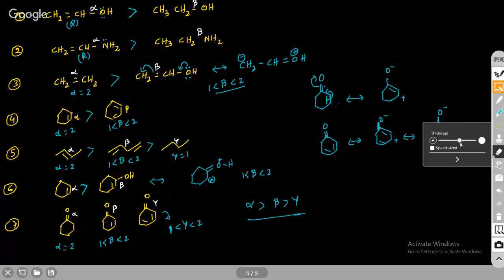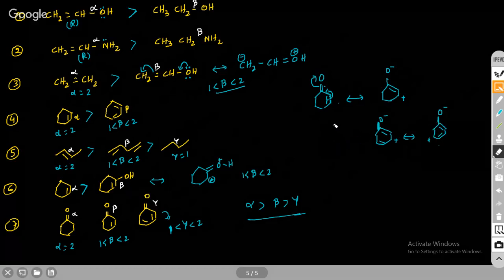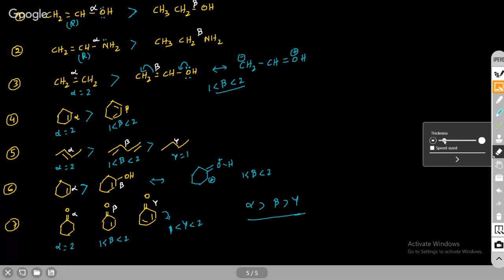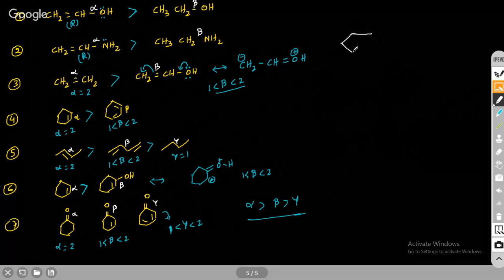Okay, one last question we'll see here, and then we'll move on to the next application. Unequal contributors are more important here, right? So you must understand the comparison, how to do. Compare the bond strength or bond order here in this molecule. We have a benzene ring, nitrogen, CH3, CH3.